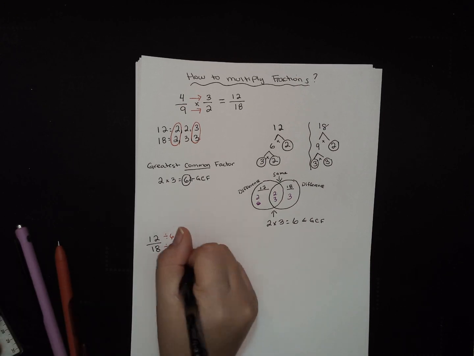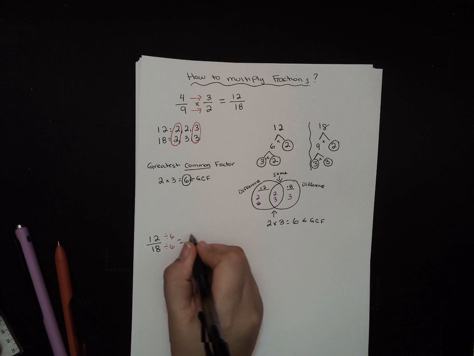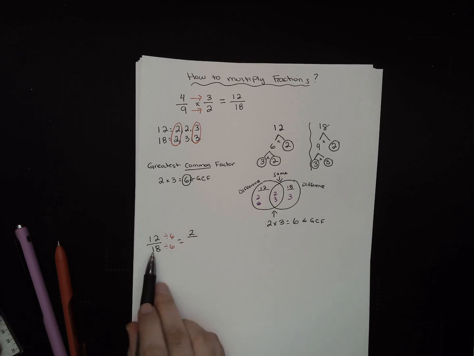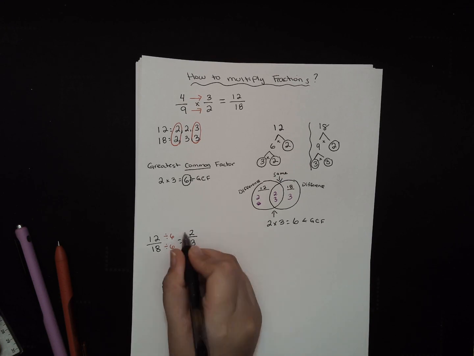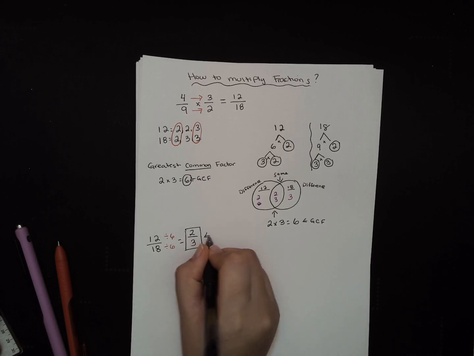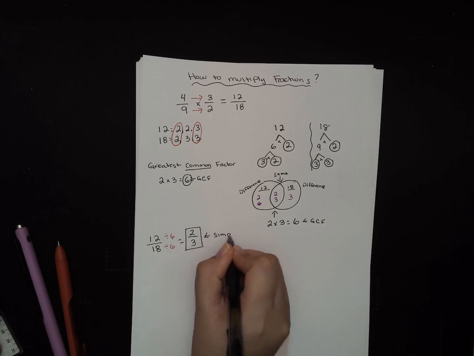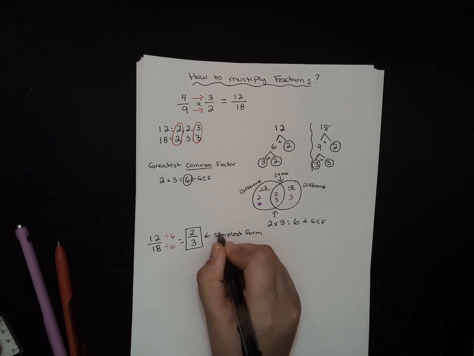Okay, here we go. 12 divided by 6, that would be 2. 18 divided by 6, that would be 3. And now, my kids, that would be your answer, and that is the simplest form. There you go.